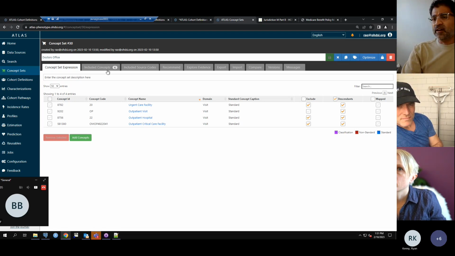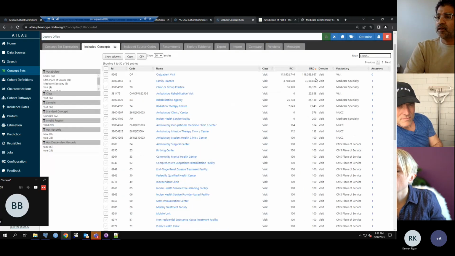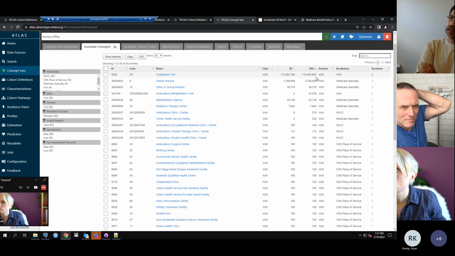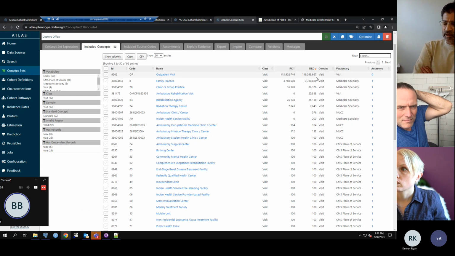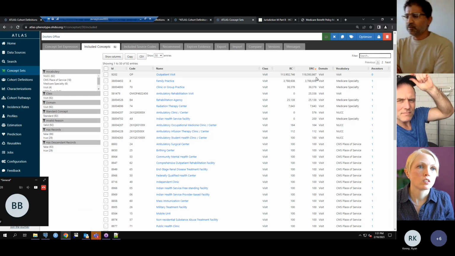So are we looking for number of patients or are we looking for number of encounters? This would be encounters, and then unique patients would be derived from that, right? That's right. It'll be encounters first, and then from that we can derive the unique patients.